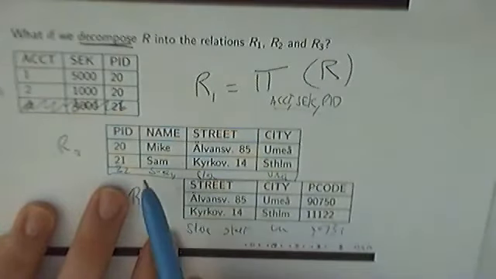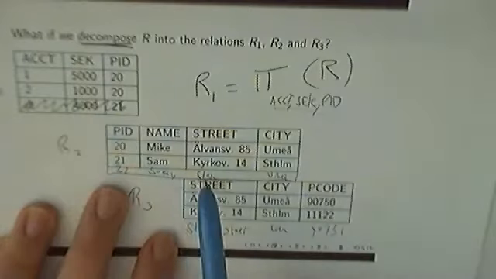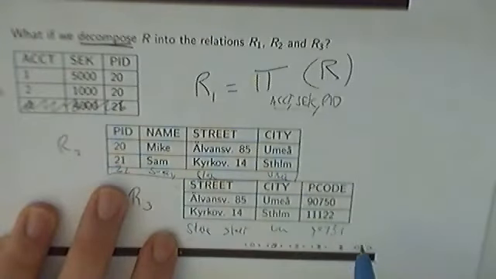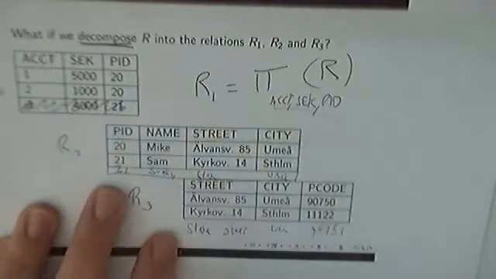But the idea is that we add the information here, but we don't have to add any information about Susie's account yet. We were able to just add address information, and we've done it in 2 places here. We don't have to have null values here. We just don't have a tuple here.